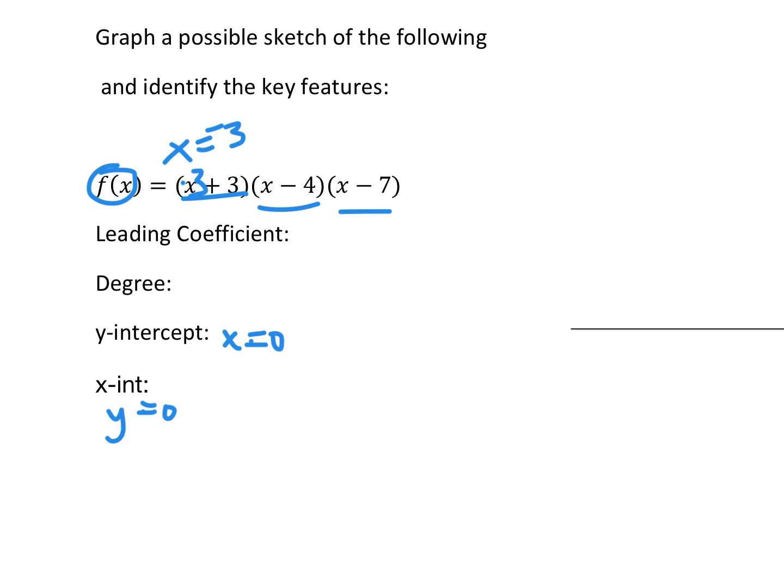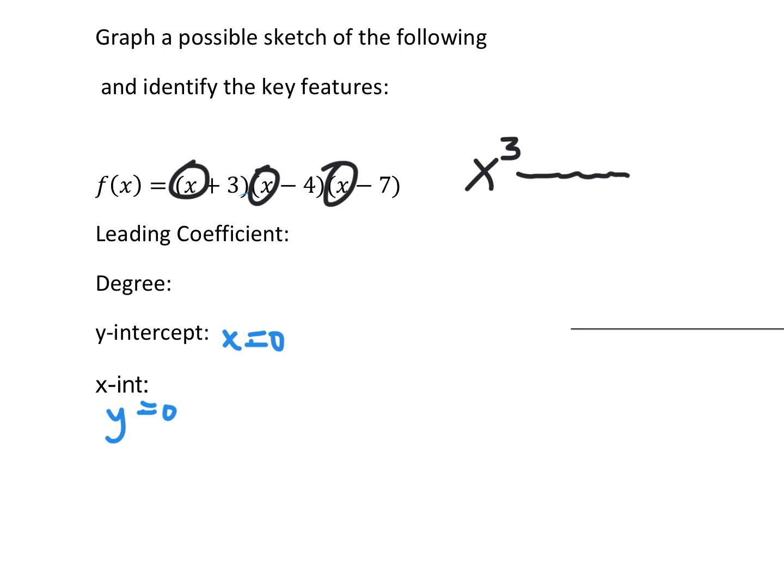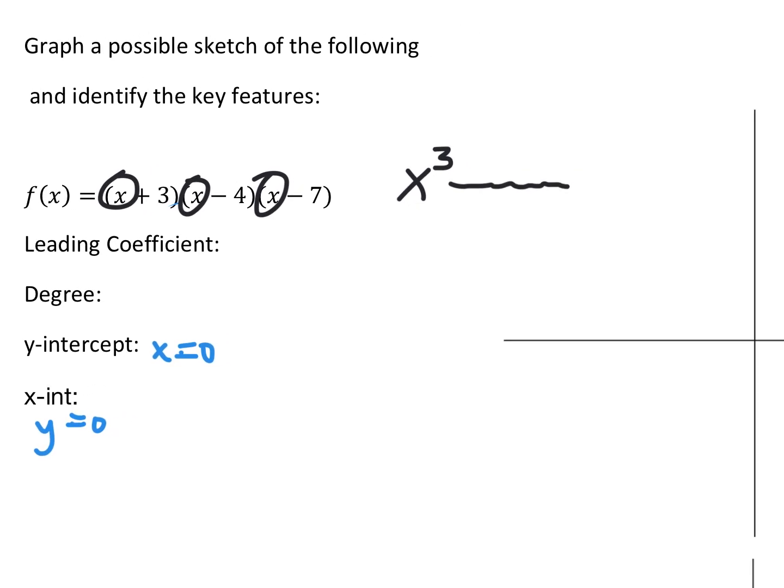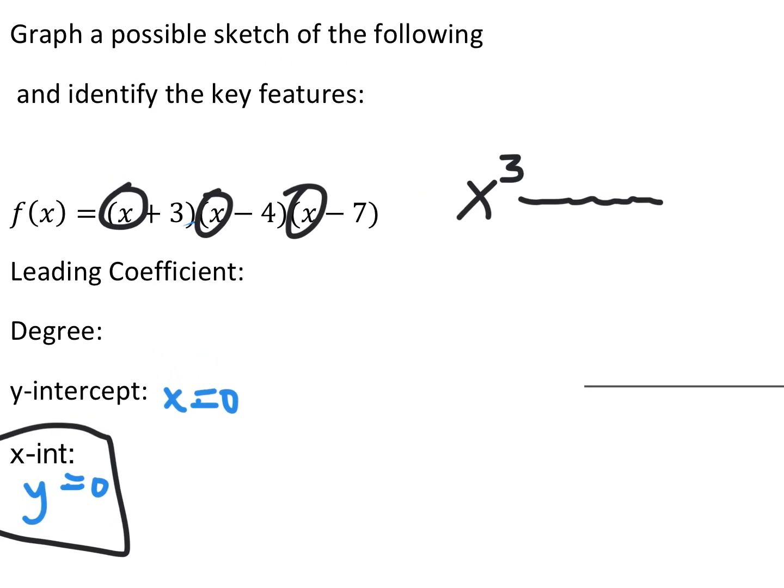And then if I multiplied this thing out, just imagine that I multiplied this thing out, then this would have an x times an x times an x, which makes an x to the third as its lead term. Then yes, there'd be a bunch of junk in the middle, which we don't care about. And then last, you remember how I said that the x-intercept would be where y equals 0? Well, imagine I put a 0 here, and a 0 here, and a 0 here.